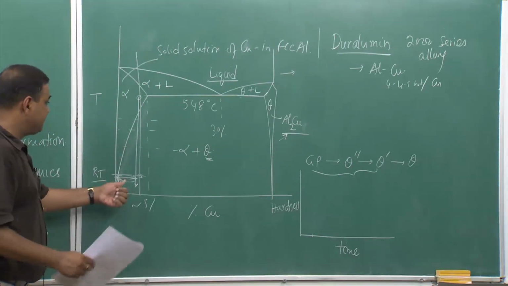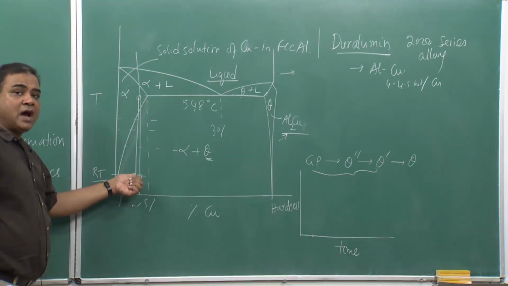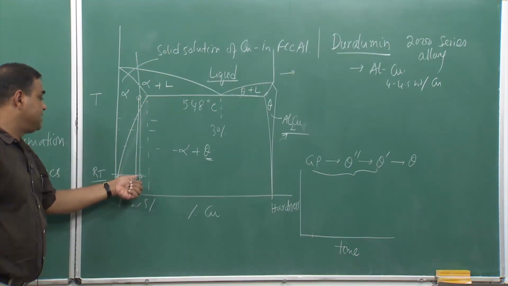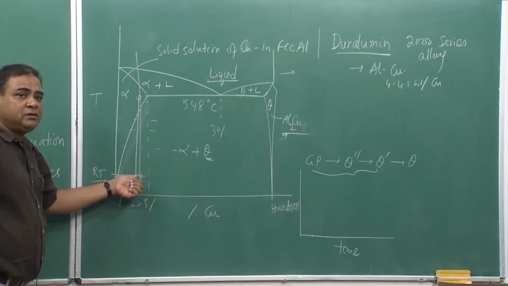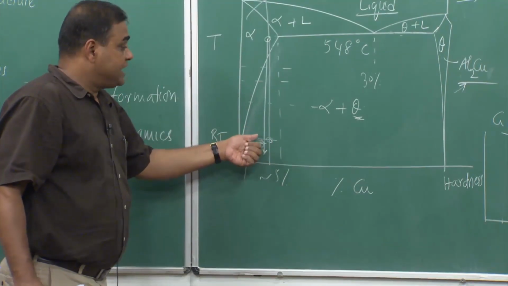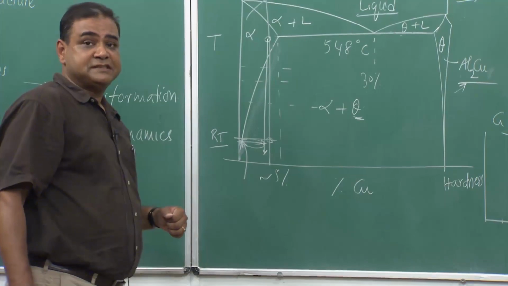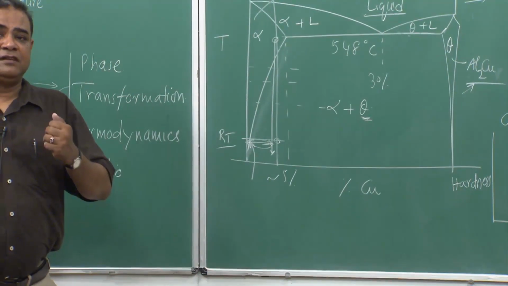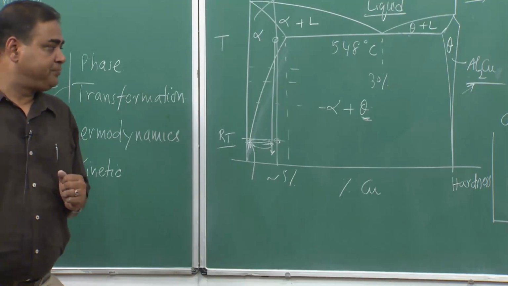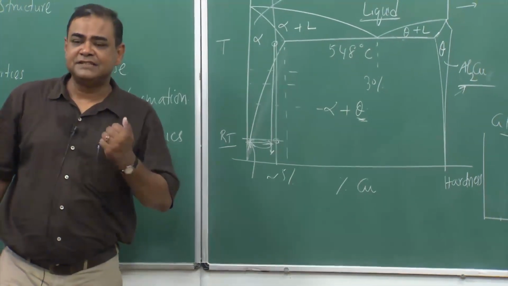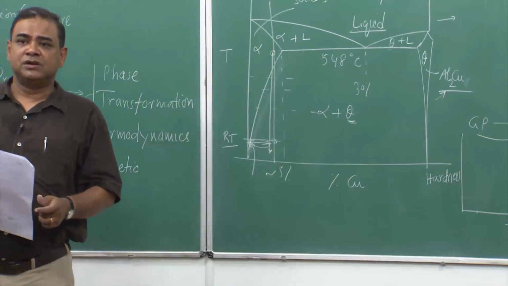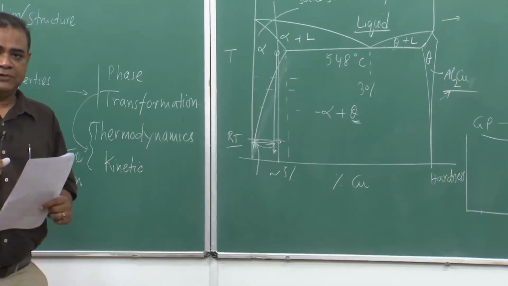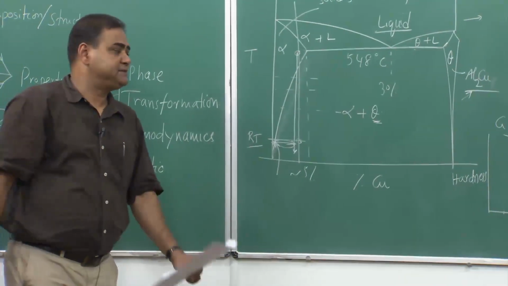Because I am quenching it, making it a solutionized aluminum copper solid solution, and then heating it to 200 degrees Celsius, and as a function of time I am seeing the response in the form of hardness. And hardness is the resistance of the material against penetration of the indents.